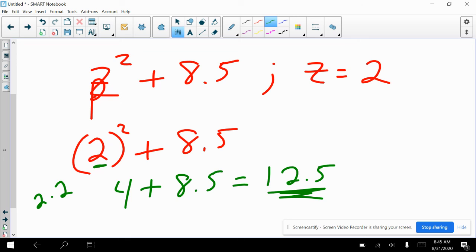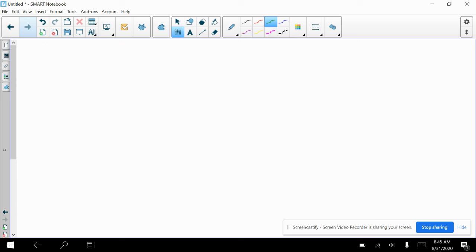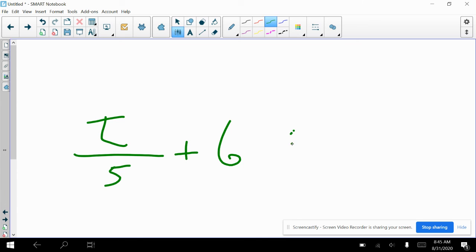So far, so good. Okay. I didn't lose anybody yet, did I? Okay. Next one. So now we have that's a t. T divided by 5 plus 6. Where t, that's a lowercase t, by the way, is equal to 45.